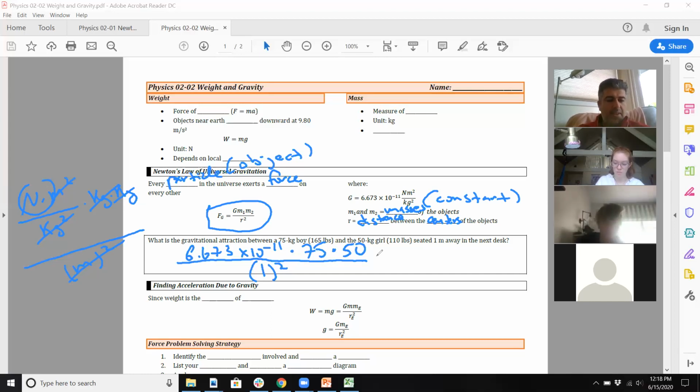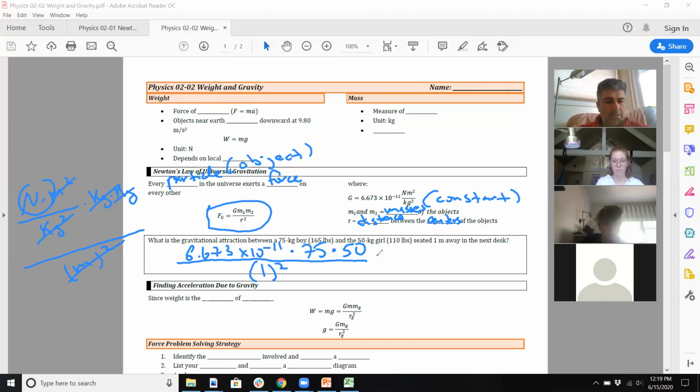So let's see here. I think I have scientific notation. 6.673 times 10 raised to the negative 11, times 75 times 50. So it's a pretty small number.